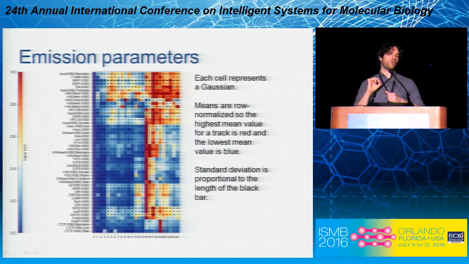So we learned 49 times 25 different Gaussians, and you can see all the means there. Those are the colors. We also figured out a way to represent variance as well with these tiny little black bars in the middle.